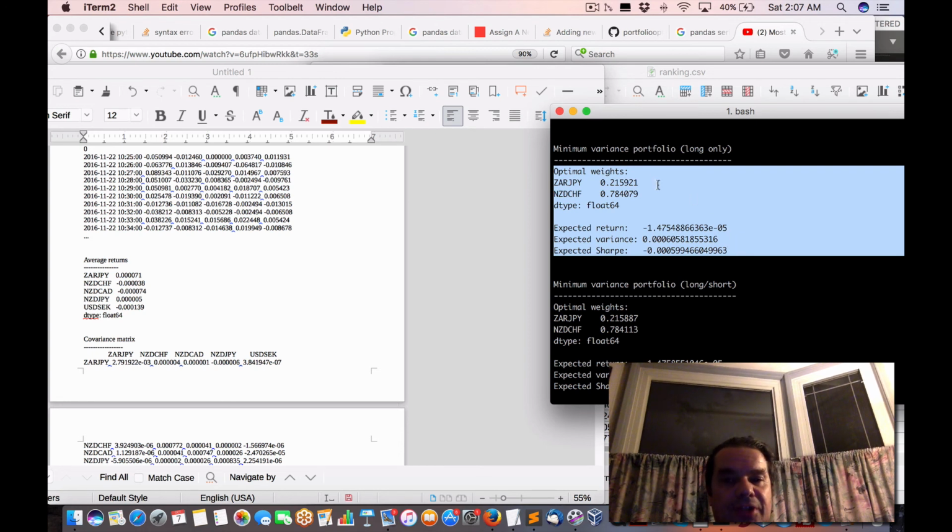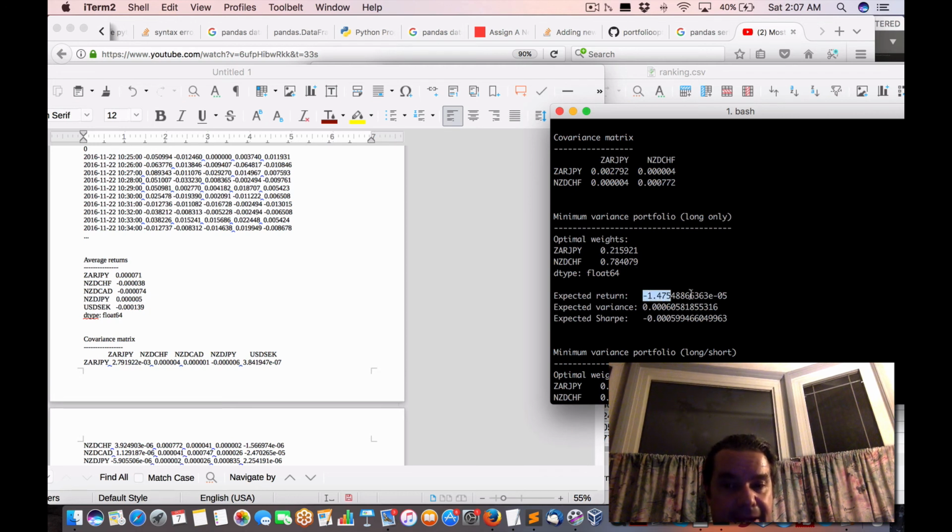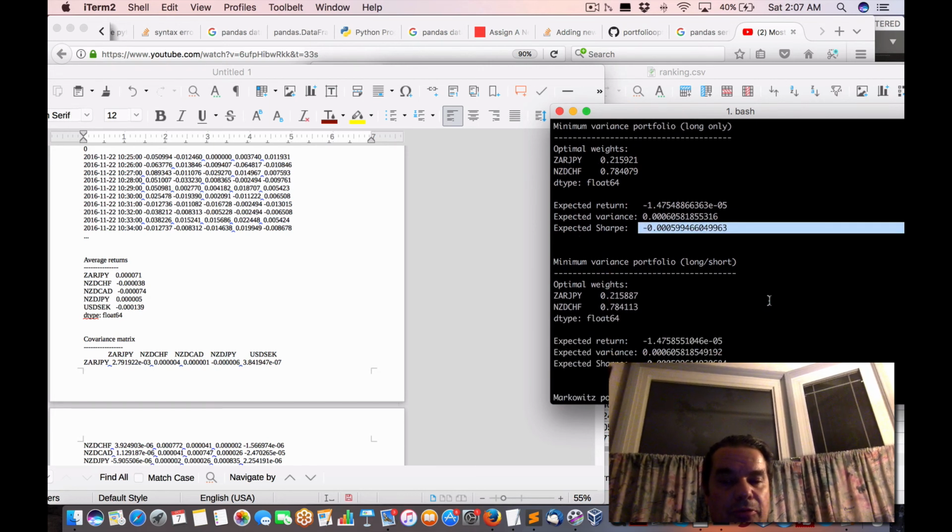So essentially, these weights would set up the next trading day, and what weights I should put on based upon what I'm seeing, as a suggestion to get these expected results: the expected return, the expected variance, and the expected Sharpe ratio.